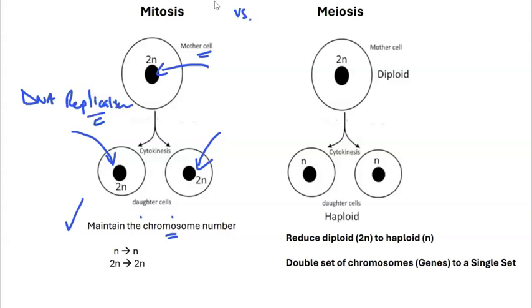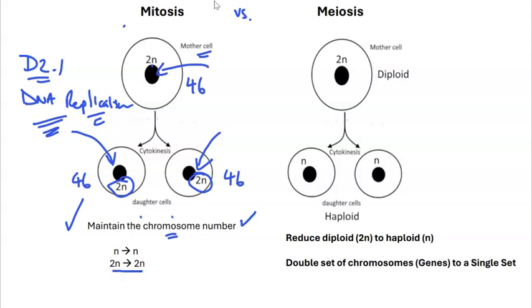Now, this is true of mitosis. Interestingly, we often think of 2N providing 2 daughter cells also with the same number of chromosomes. So let's take a human example. That would be 46 chromosomes here, meaning that we have to have 46 here and 46 there. And that's the relevance of the semi-conservative DNA replication process, which I think is covered in D2.1. And so we maintain the chromosome number, which is the 2N to 2N.